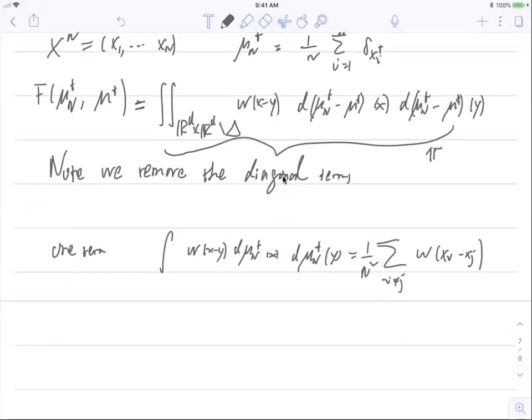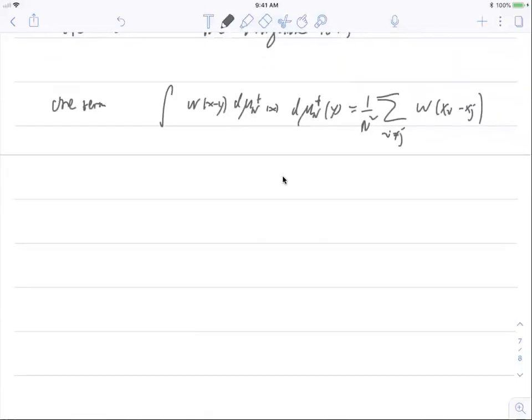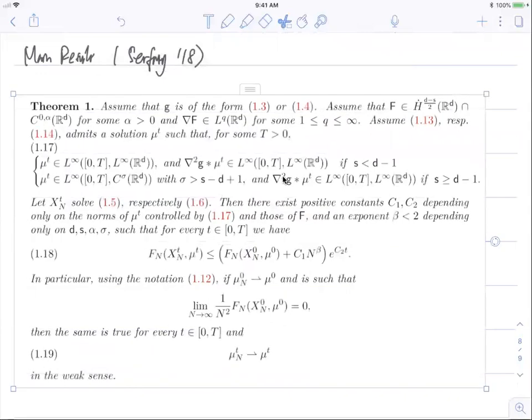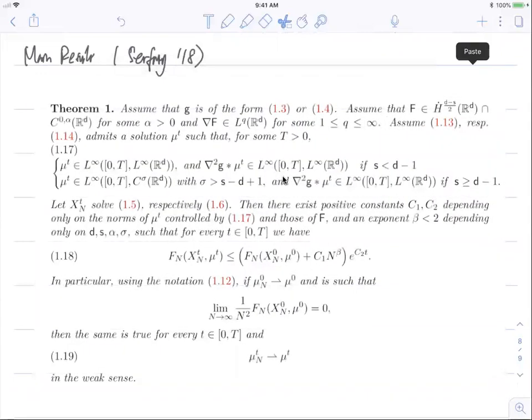So the main result is the following. I think I can just copy here. So this is her main result. But since we didn't consider the perturbation, you can basically ignore this part.